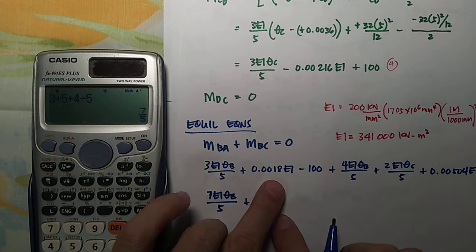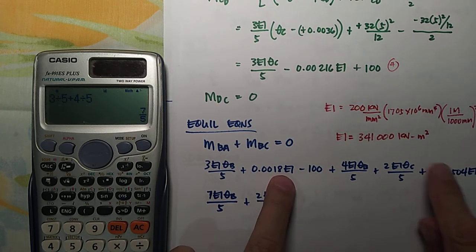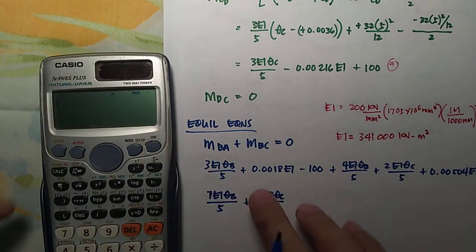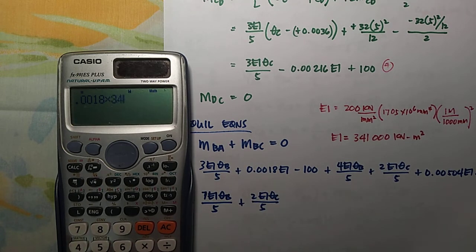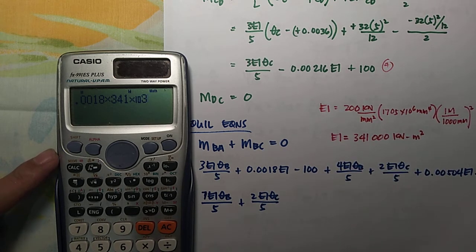Okay, tapos ito yung may EI, ito rin yung may EI. Pagsamahin ko lang sila, yung EI ko papalitan ko nito, so magiging constant na siya. So 0.0018 times EI, 341,000.